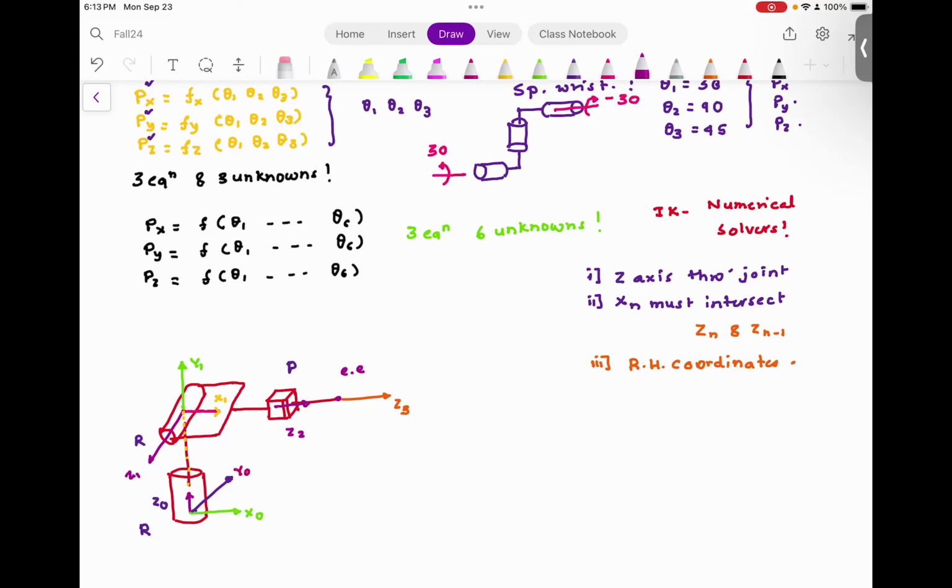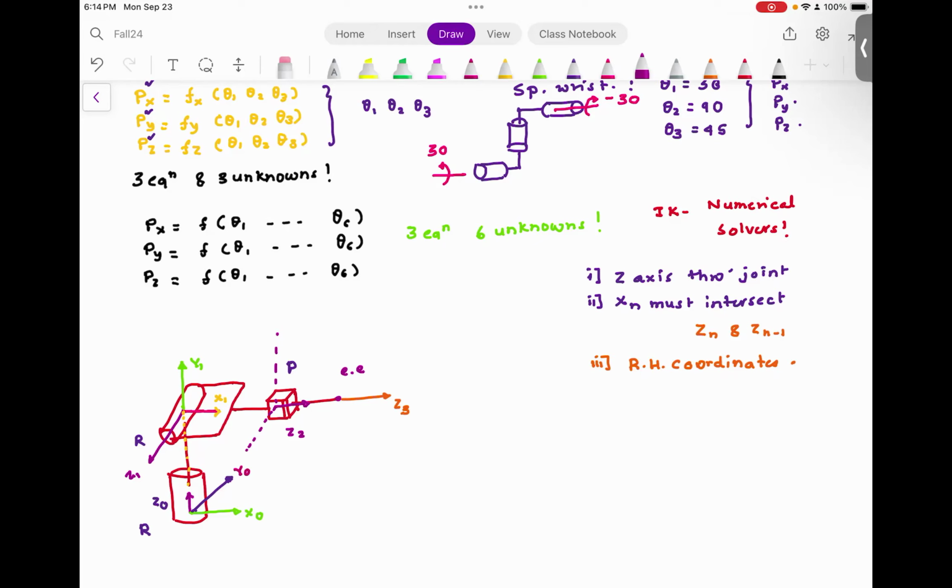If I draw X2 like this, can you see, if you see from front, my X2 is going to be parallel to Z1. If I draw my X2 in this direction, do you agree with me? Still, it's going to be parallel to Z1, which means rule number 2 is not going to get satisfied no matter what I do.